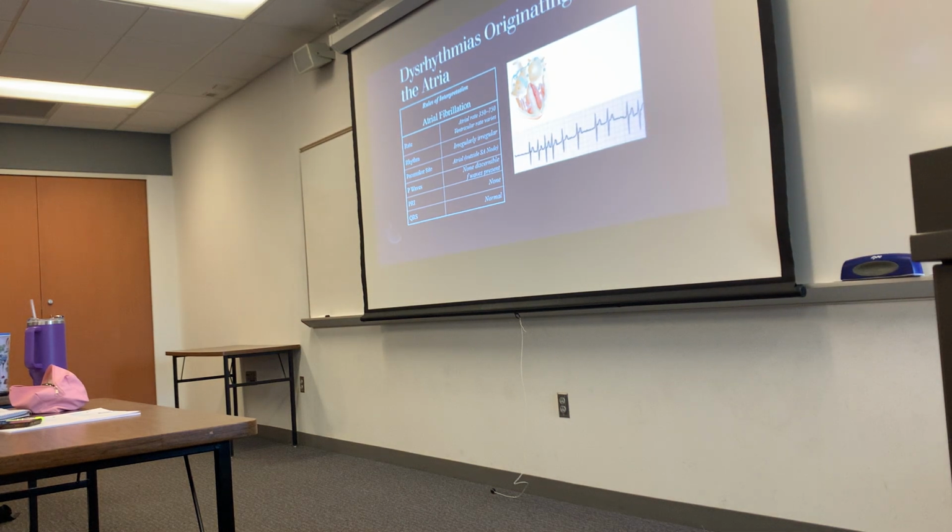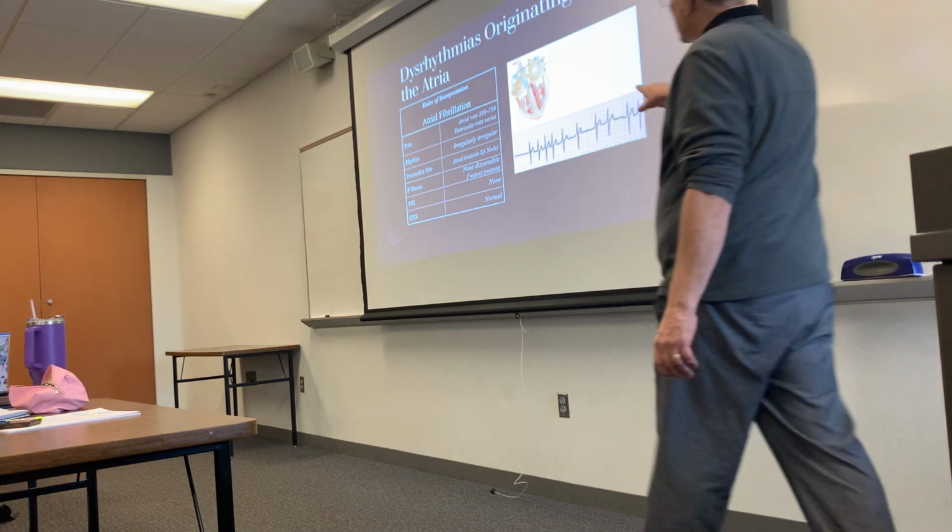So, I don't want to miss any of this, so let me go through this because I get excited about this stuff, right? So it affects approximately 6.2 million Americans every year. In patients with AFib, the SA node is no longer initiating the impulse. And that's what I'm trying to show you with these little stars here.